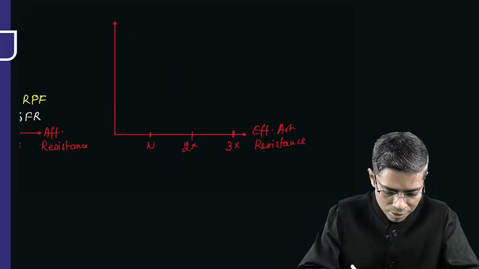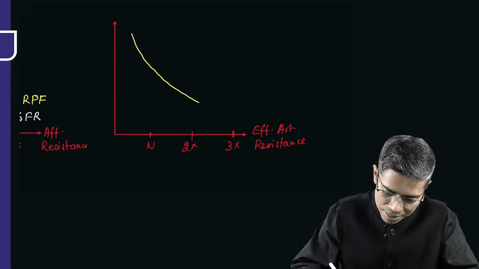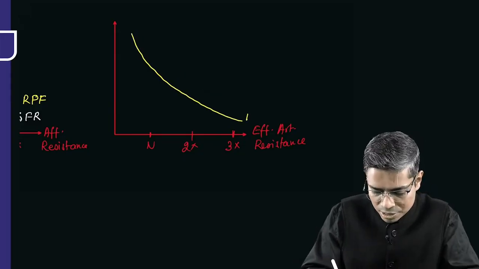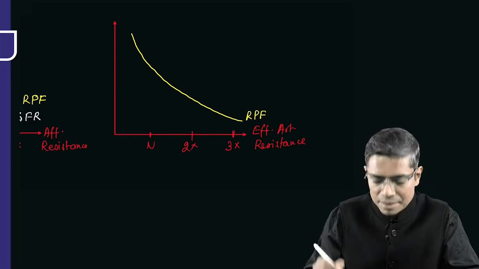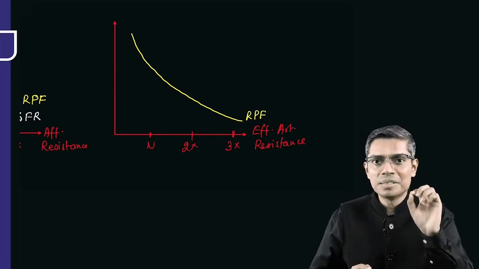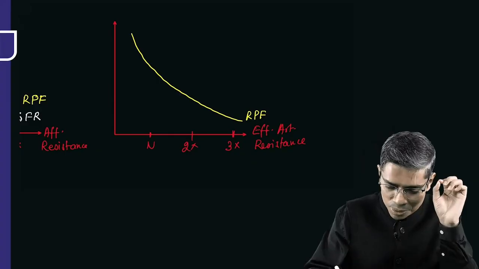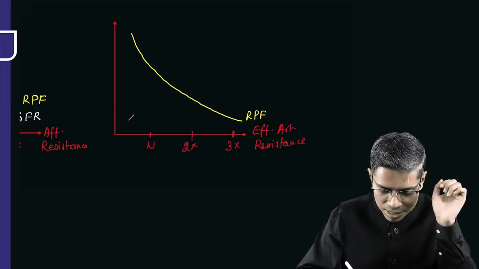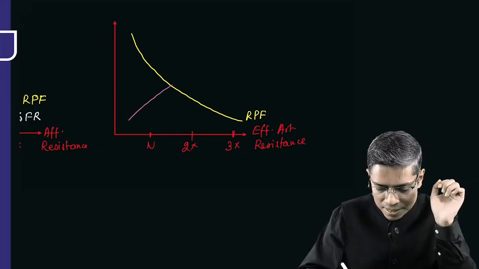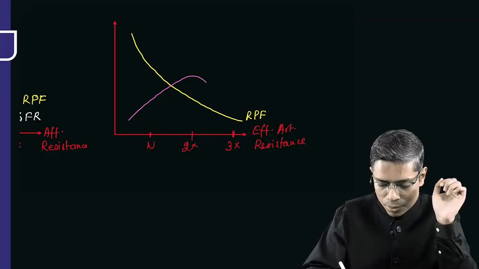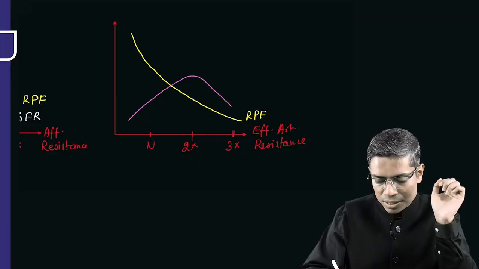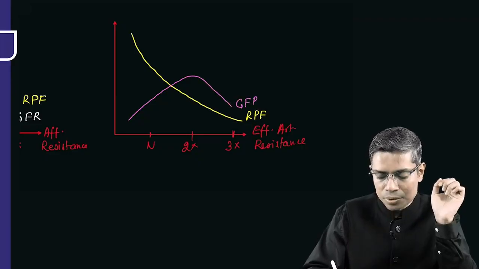So there will be a progressive decrease in the renal plasma flow. So this is my RPF. But if you look at the GFR, I already told you that mild constriction means GFR will rise initially, and then if you go towards severe constriction, GFR will reduce, right?